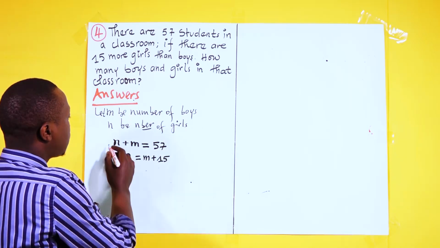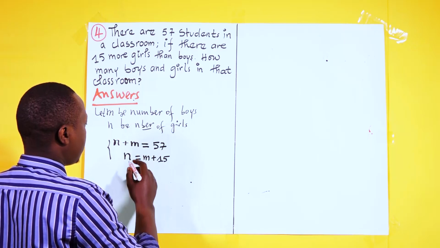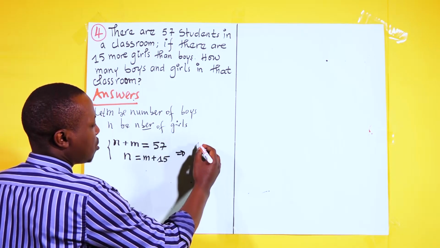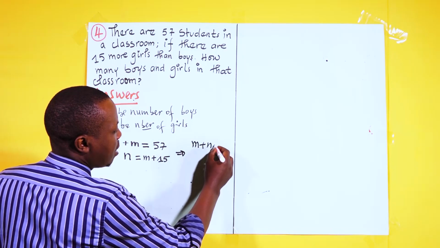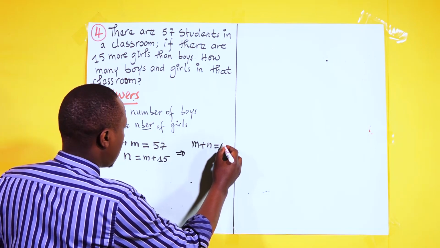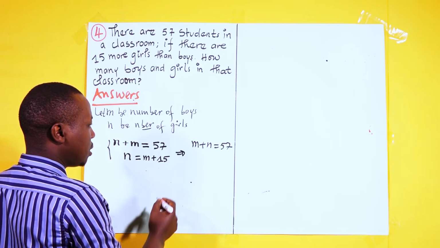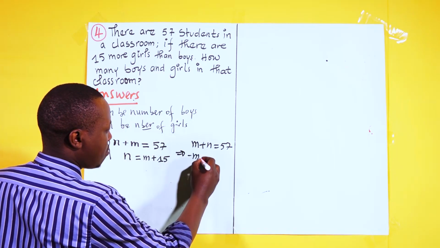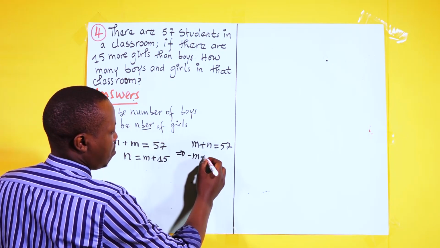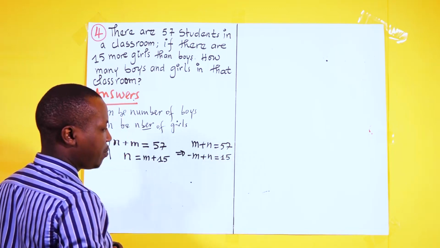Then this is our system. When you arrange this system, this system can be written in this way: m plus n equals to 57. And again, negative m plus n equals to 15.